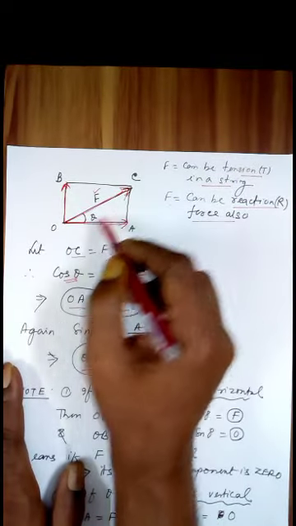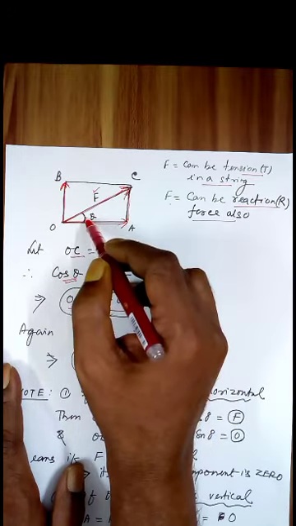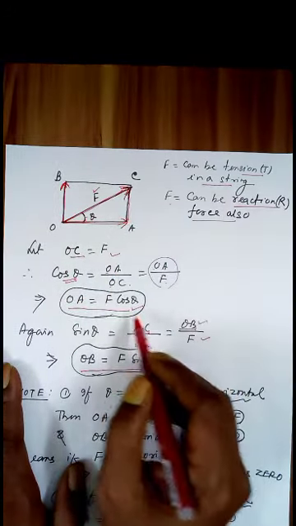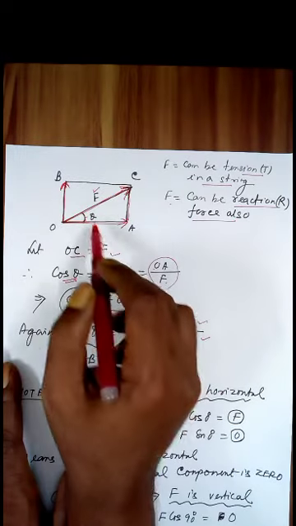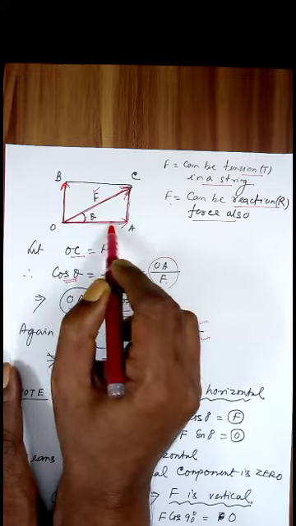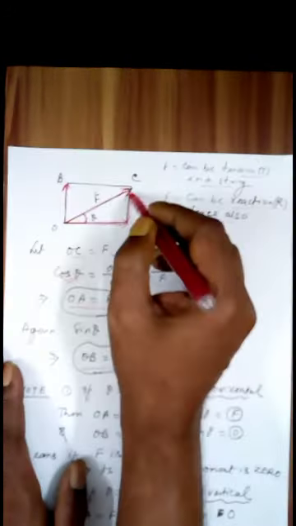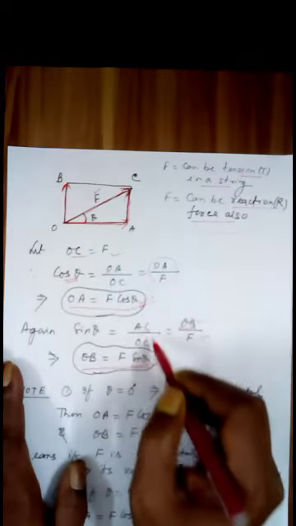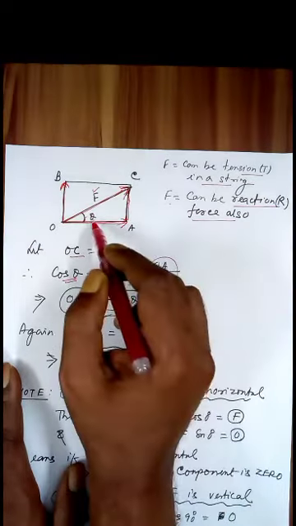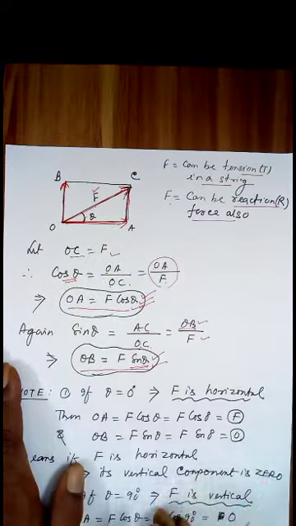Given a force making some angle with the horizontal, the side facing angle theta comes in sine, and the side adjacent to theta comes in cosine, right? Means the side in front of theta will always be in sine, and the other one, excepting the hypotenuse, will always be in cosine.